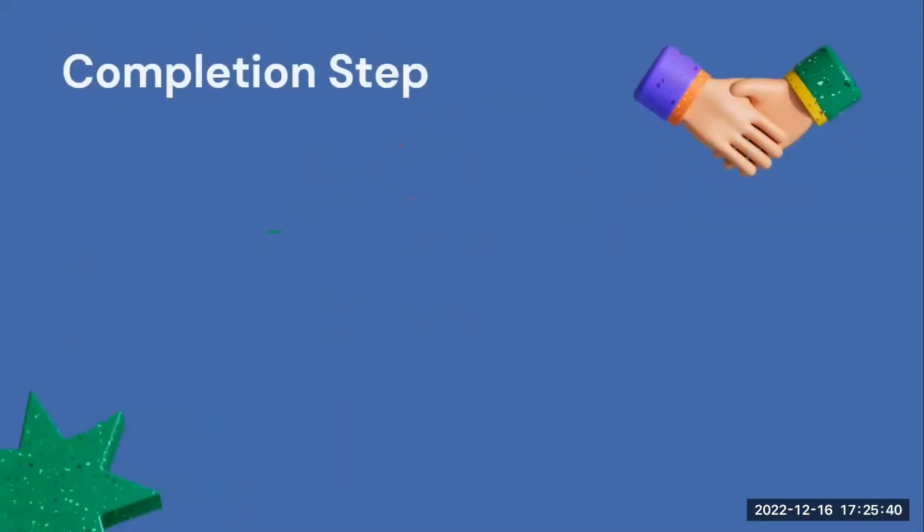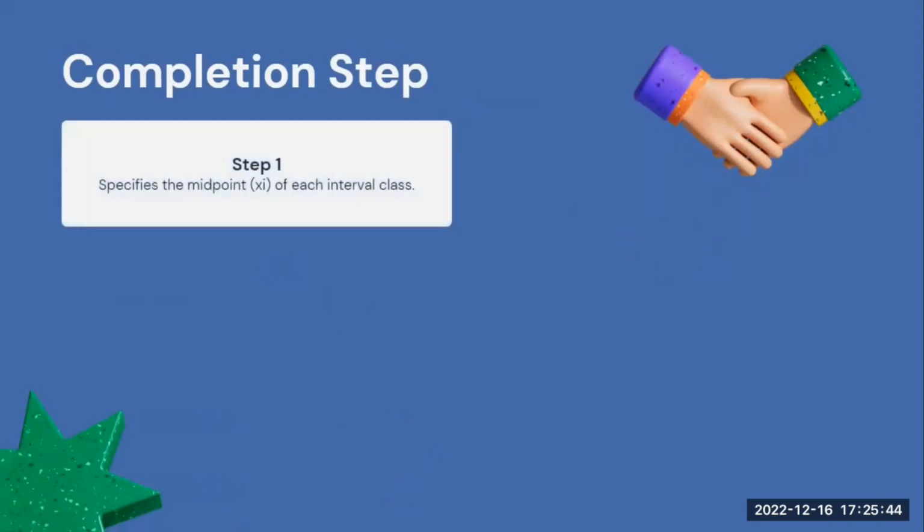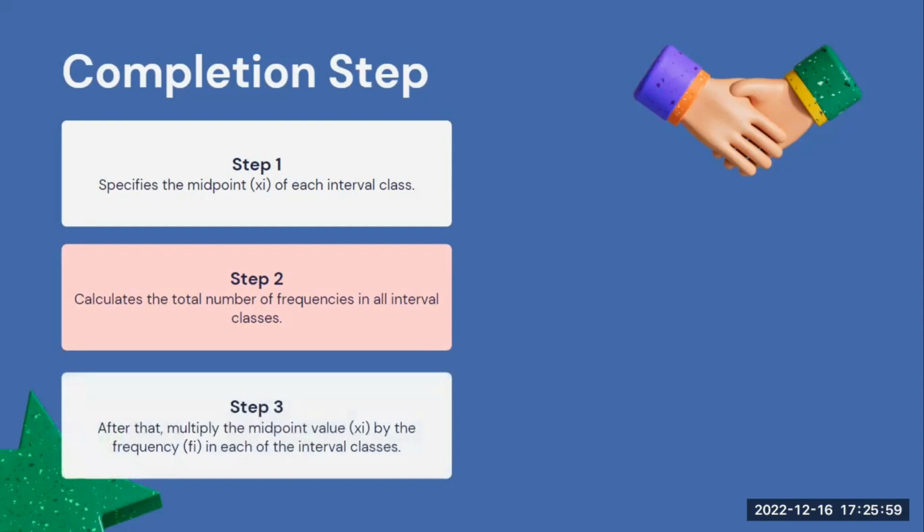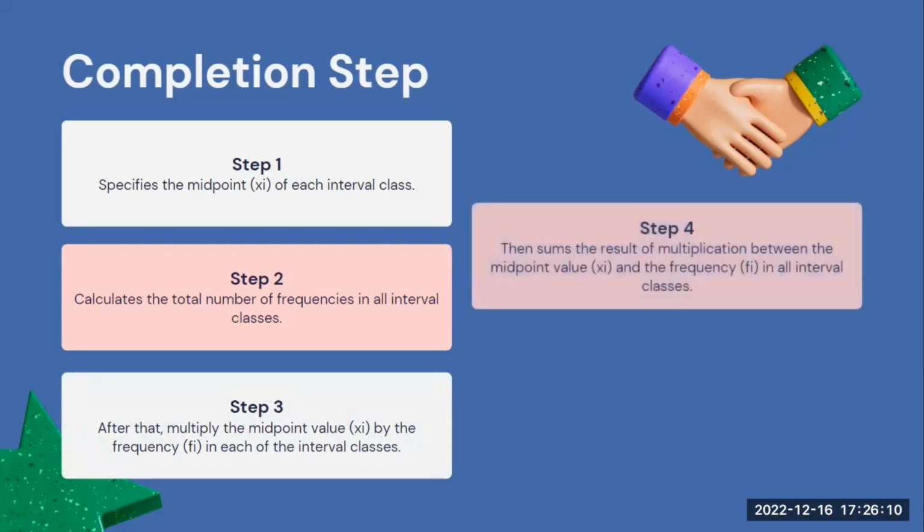Next, there is a completion step. Step 1 specifies the midpoint or xi of each interval class. Step 2 calculates the total number of frequencies in all interval classes. Step 3, after that, multiply the midpoint value or xi by the frequency or fi in each of the interval classes.